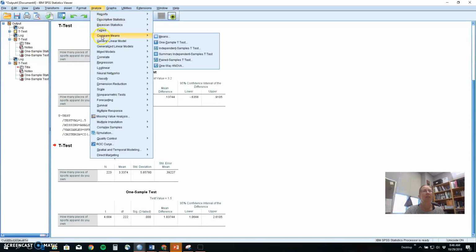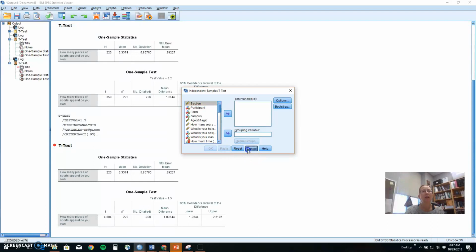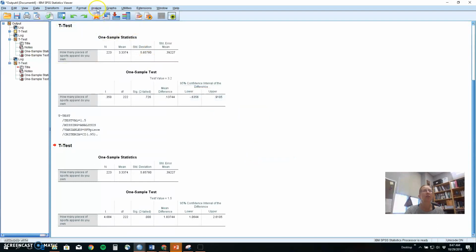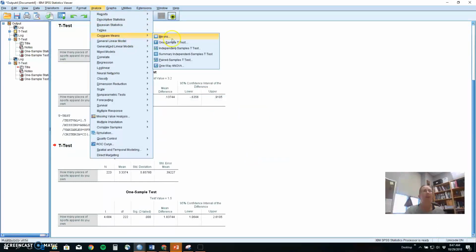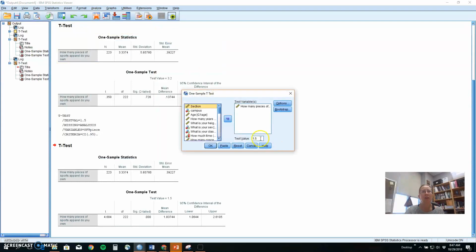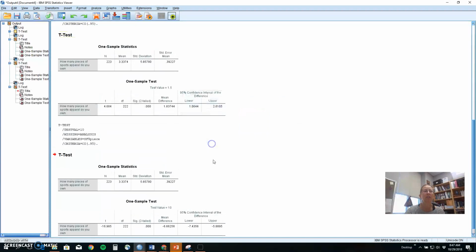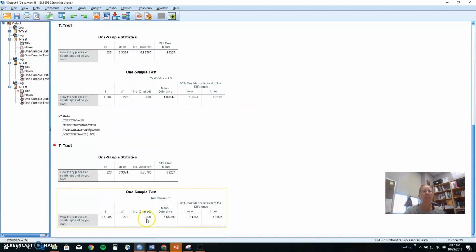If we had a population value that was much bigger, let's say the average person in America had 10 pieces of sporting apparel, and we could look at our class. So here's our population average. Then we would also see a significant difference, but that t-value would be negative, because what it means is that our group has a lot fewer pieces of sporting apparel than the population.